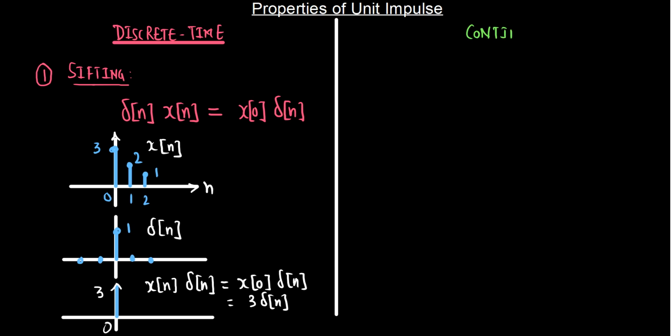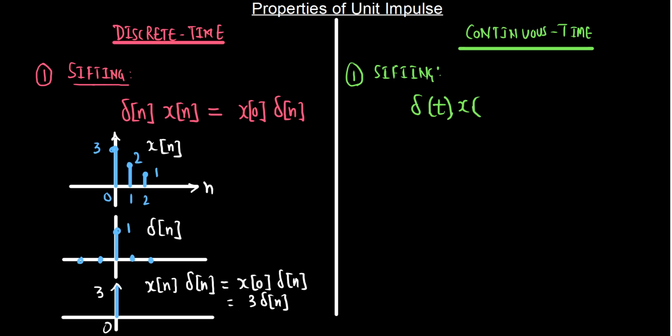So for continuous time, we have the sifting property as del of t being multiplied by any signal, say x of t, would result in x of 0 being multiplied by del of t.